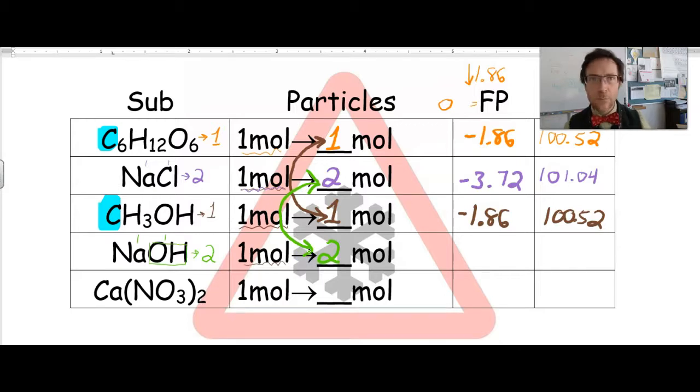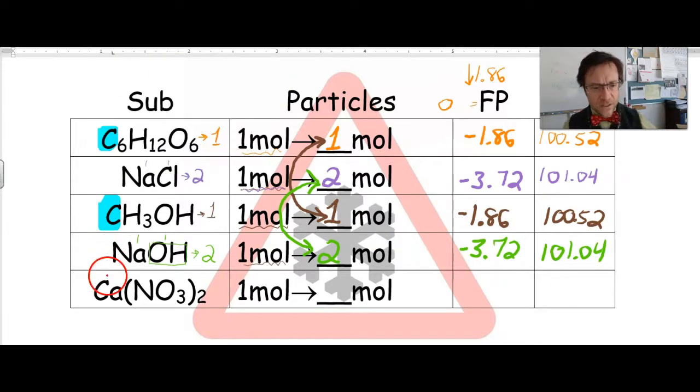So the freezing point is exactly the same because you have the exact same number of dissolved particles. So my freezing point is going to be negative 3.72, and my new boiling point is going to be 101.04. Lovely.